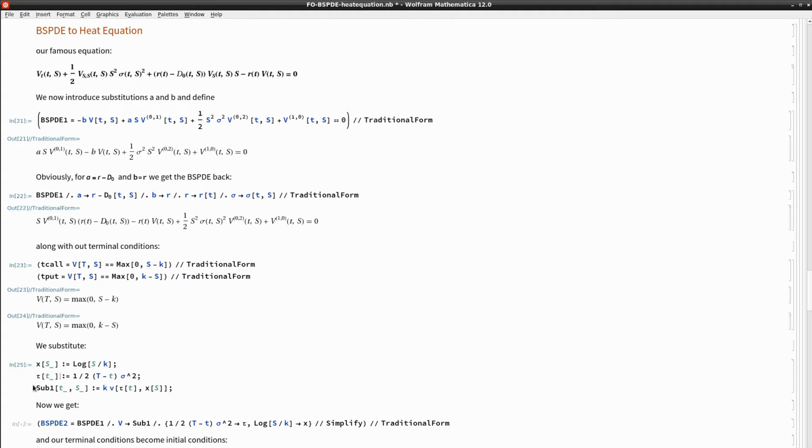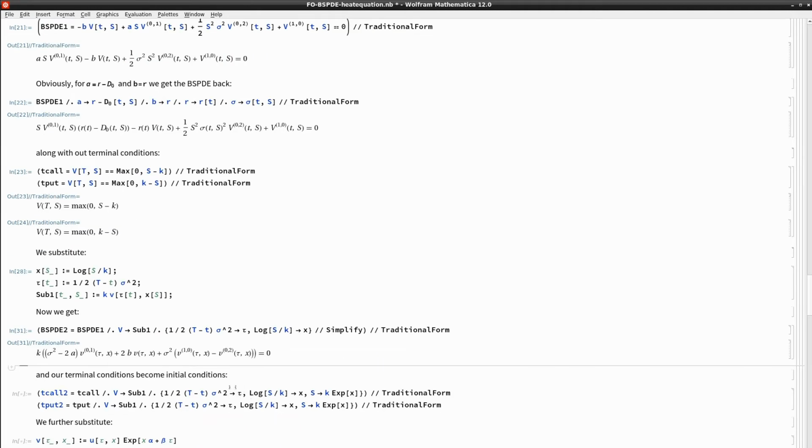T becomes tau, and an additional substitution. So when we apply the substitution here, I call it BSPDE 2, we are replacing the financial derivative value with the substitution and apply all these other substitutions that we just defined. We're getting this equation.